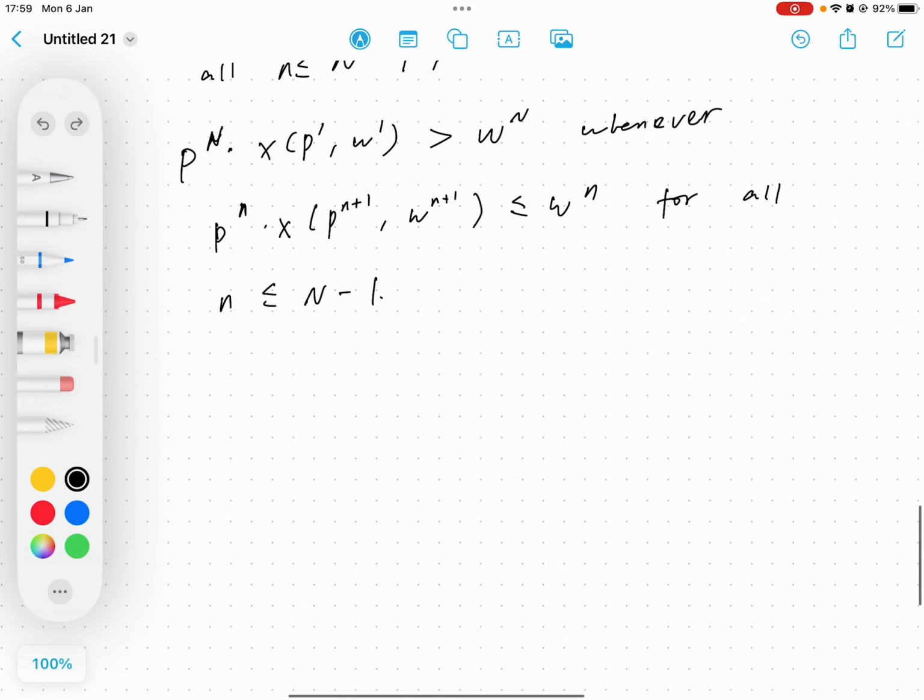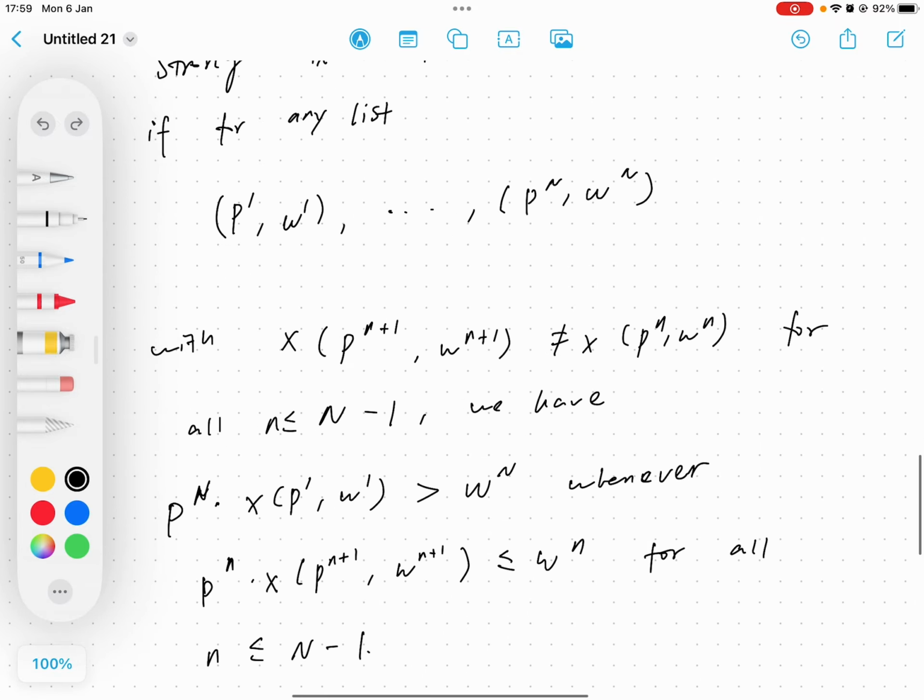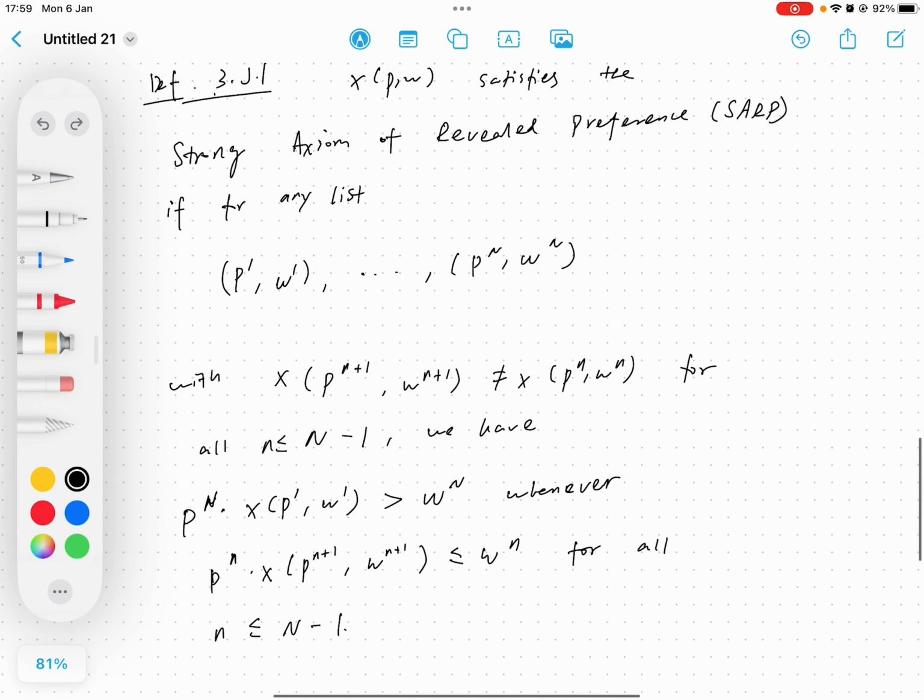In other words, in this SARP, if XP1 W1 is directly or indirectly revealed preferred to XPN WN, with capital N, then XP capital N W capital N cannot be directly revealed preferred to XP1 W1. So XP1 W1 cannot be affordable at XPN WN.